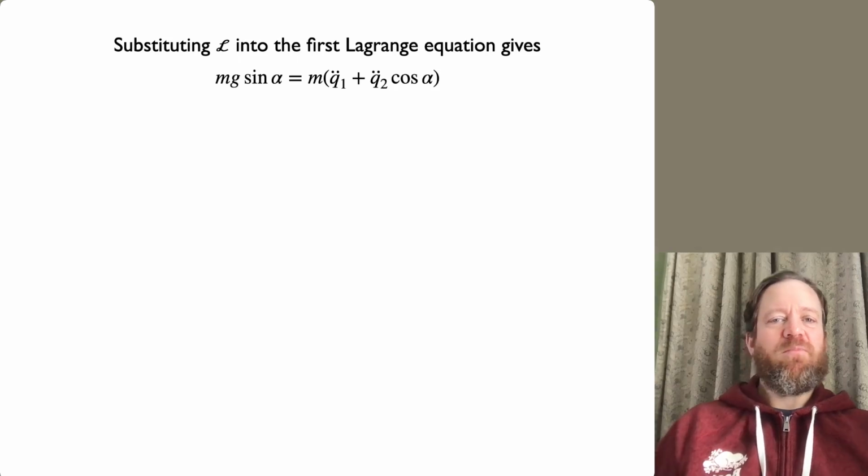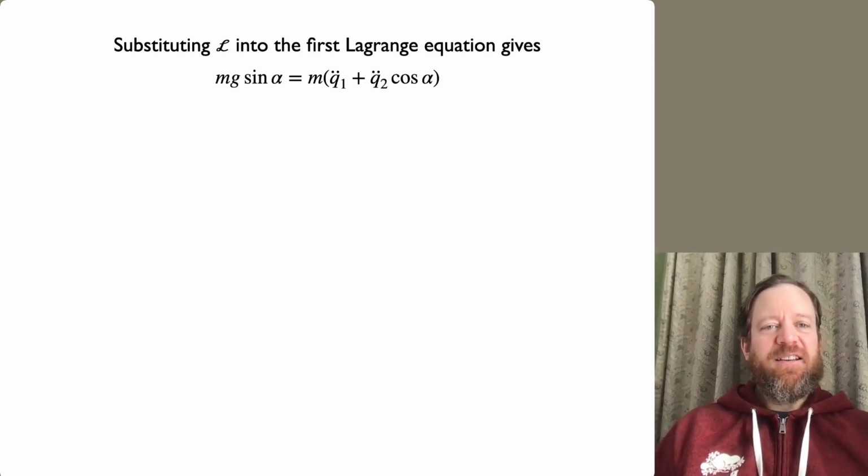All right, so we substitute the Lagrangian L into our first Lagrange equation. This is the one for generalized coordinate Q1. When we do that and take all the derivatives, it gives little m times g times the sine of alpha being equal to little m times Q1 double dot plus Q2 double dot times the cosine of alpha.